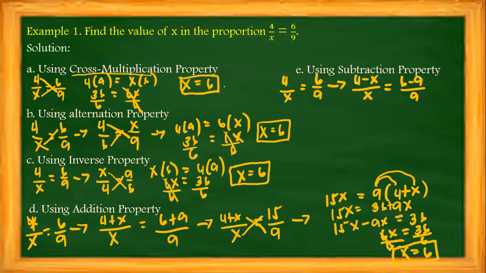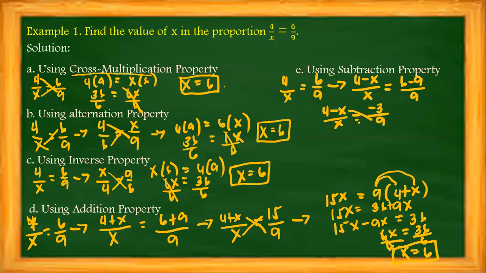Next, we cannot subtract 4 and x, but we can subtract 6 and 9. So let's copy 4 minus x divided by x equals negative 3 over 9.